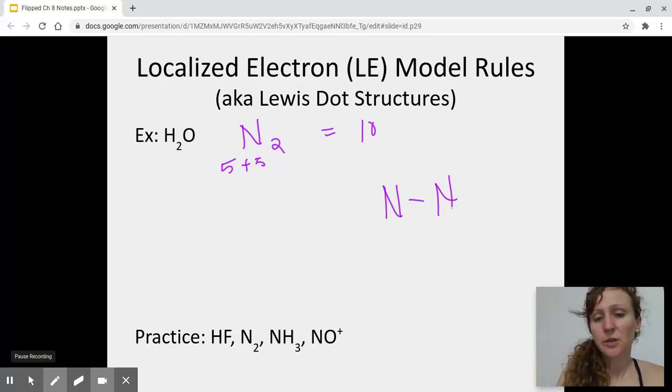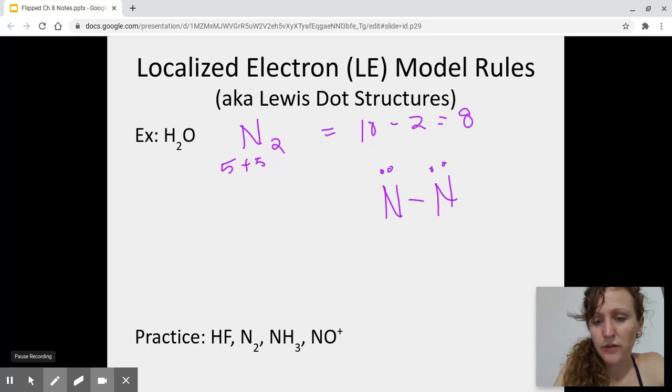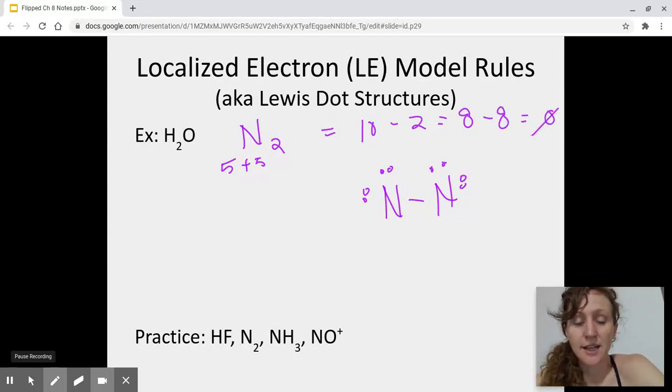Connect them with a single bond, subtract off the electrons used in that single bond. I have 8 left. Okay, so both nitrogens need them. I'm going to distribute them. 1, 2, 3, 4, 5, 6, 7, 8. So I am out of electrons. Does everyone have a full octet? No, it does not. So now what do?